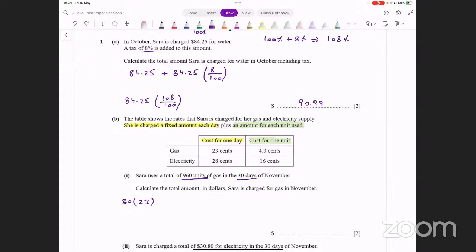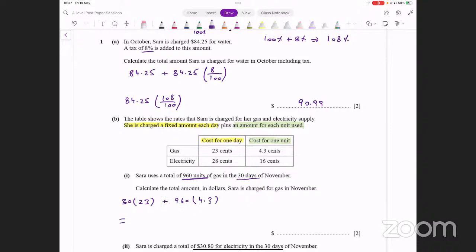Okay, so per day she has to pay, she has to pay 30 into 23. But then she's using 960 units. What is the cost of every unit? The cost of every unit is 4.3. We add that: 30 into 23 plus 960 into 4.3.